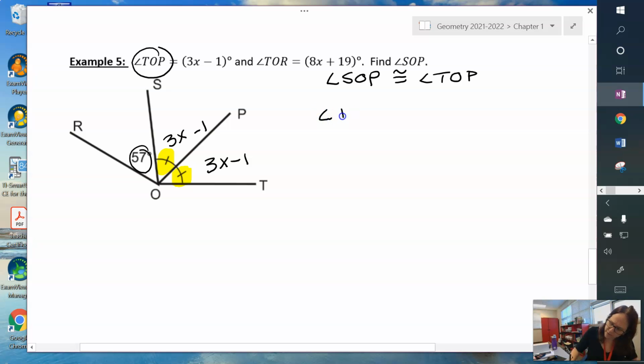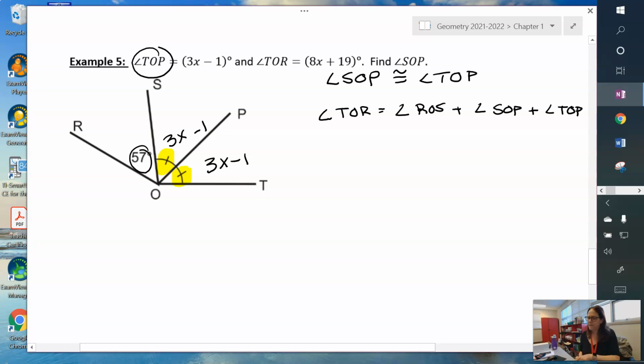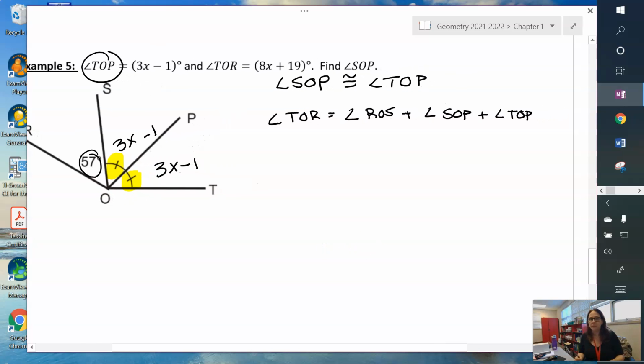Angle TOR is going to equal angle ROS plus angle SOP plus angle TOP. That's my angle addition postulate. I'm allowed to add my angles together. Now we're going to substitute in what we know.